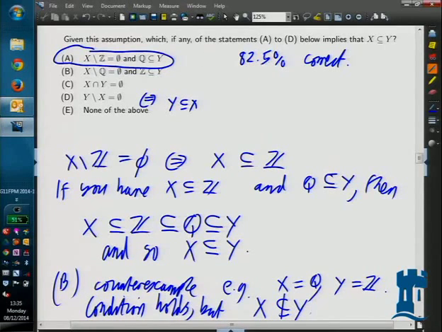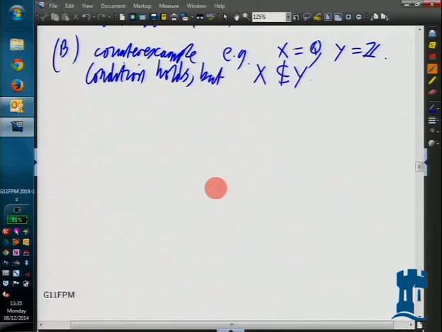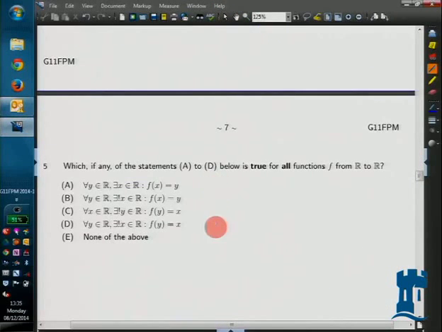Okay, so let's move on to another tricky question, and this is the one that people found hardest. 47.6% correct on this one.